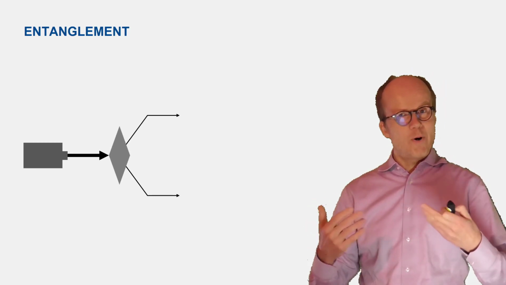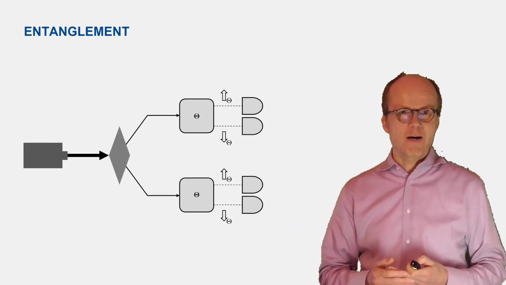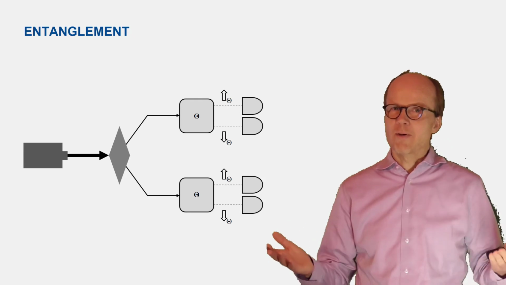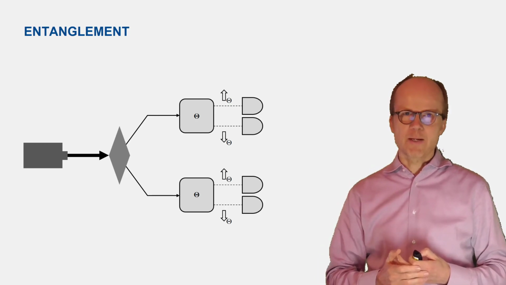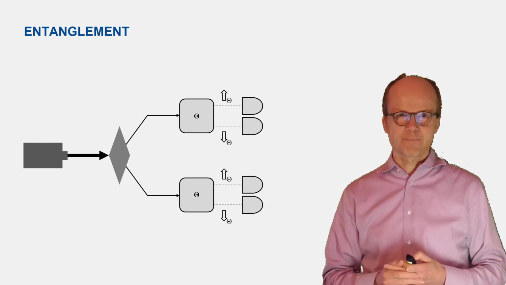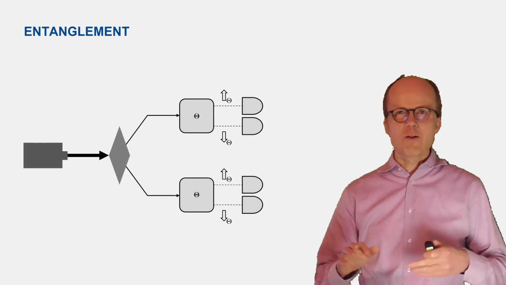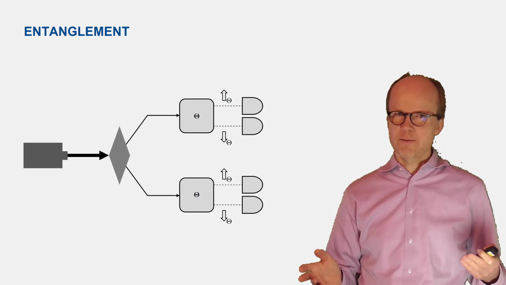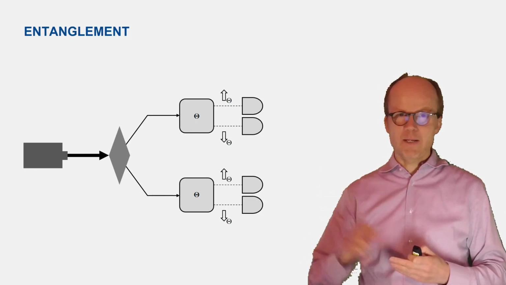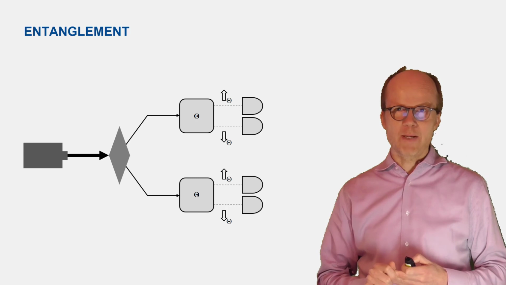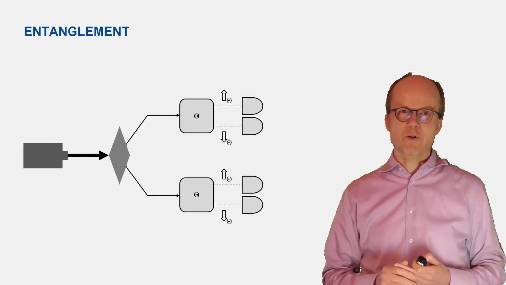And now both photons, both members of this pair of photons, are subjected to binary measurements with identical parameter setting theta. The peculiar observation is that no matter how you choose theta, if one of the photons is up, meaning it is detected in the upper beam, the other photon with certainty will be down, and vice versa.